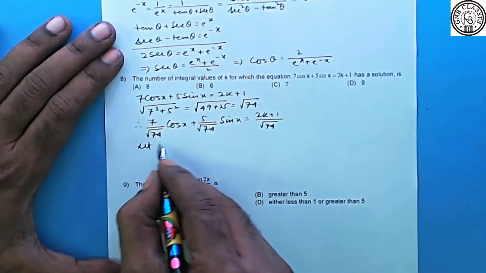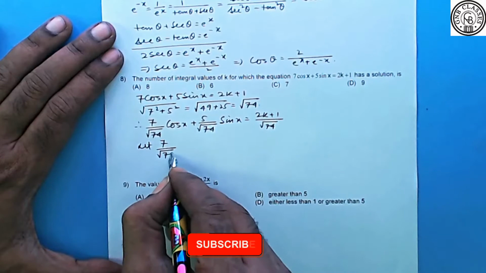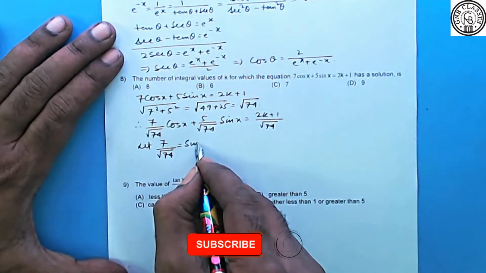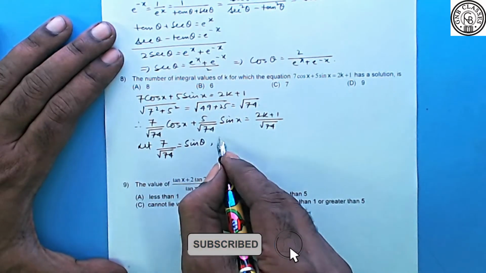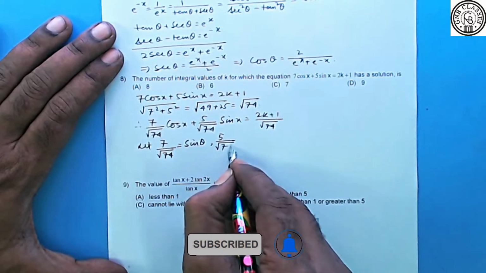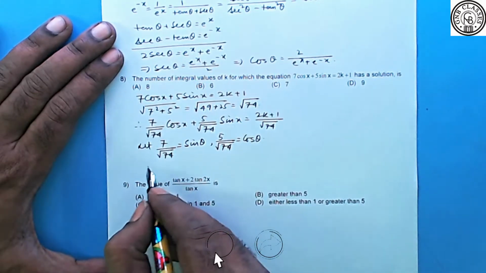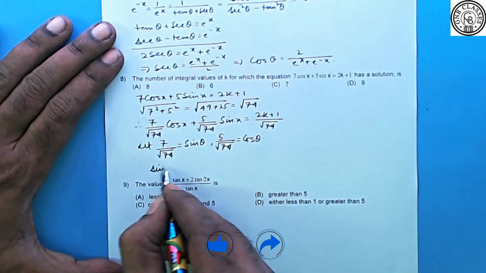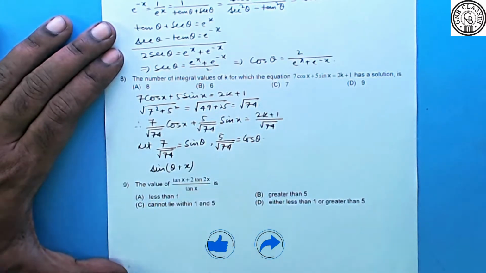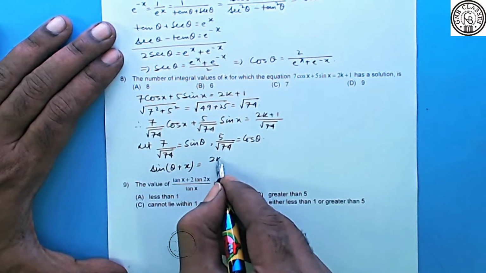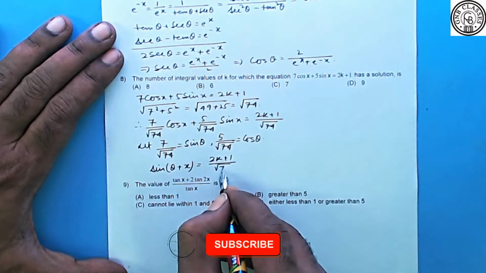Okay? Let 7 by root 74 be sin theta. Therefore, 5 by root 74 will be cos theta. Therefore, the left hand side of the equation becomes sin of theta plus x, which is 2k plus 1 by under root 74.